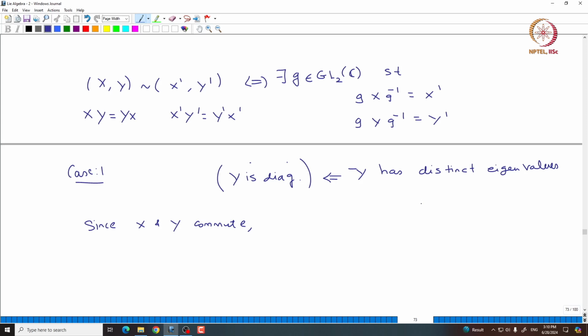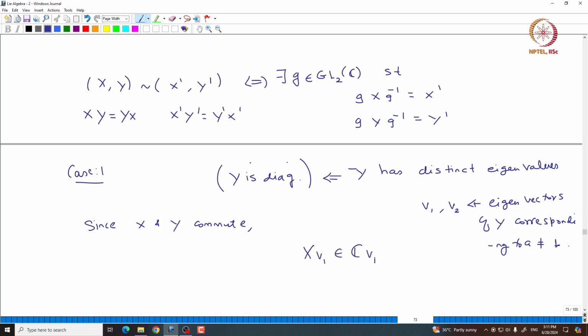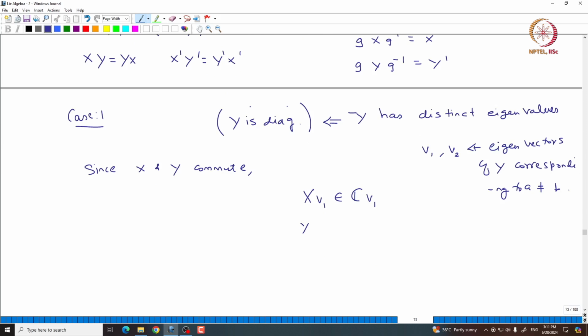So, let us say V1 and V2 are the eigenvectors of y corresponding to the distinct eigenvalues, let us say A and B. Okay. So, now it is easy to see that x V1 has to be an element of C V1. Similarly, x V2 should be an element of C V2.